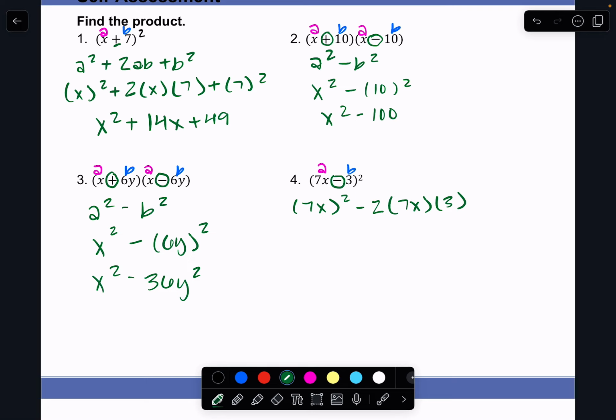We already took care of the negative, so that's a positive 3, plus 3 squared. 7x squared, 7 squared is 49, x squared is x squared, minus 14x times 3, plus 3 squared, which is 9. So we will have 49x squared minus 42x plus 9 for our answer.